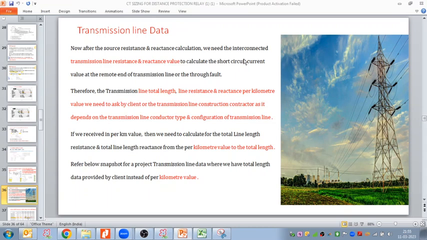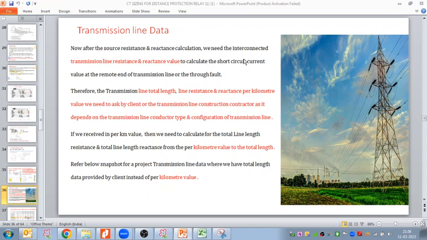Till the substation we first calculate the resistance and reactance, and to that we add the transmission line resistance and reactance, and after that we calculate the impedance at the last protected point. Once you know the impedance and the voltage, you can find out the fault current.